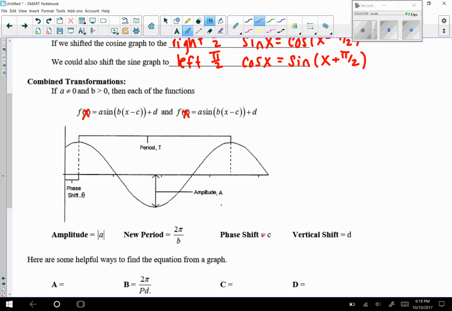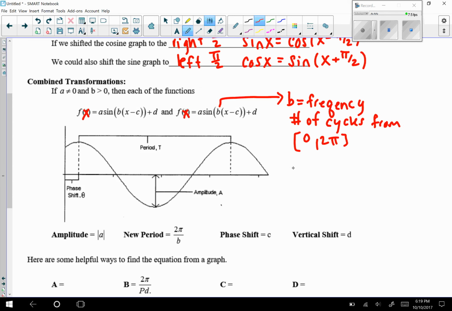Then we have our b value, which helps us find the frequency. So we know that the b value is equal to the frequency. Basically, remember, it tells us the number of cycles from 0 to 2 pi that we are making.